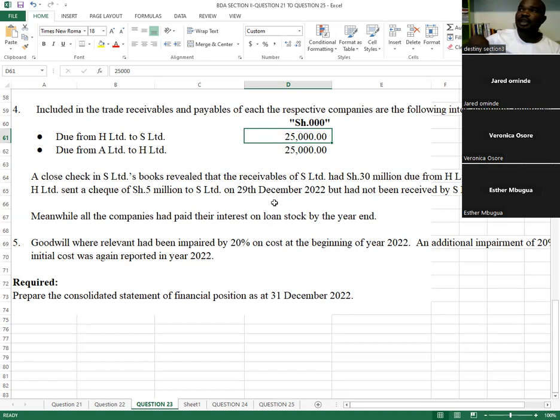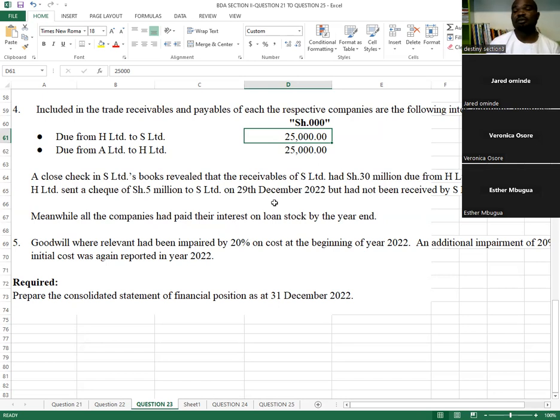When the other party has paid, which has not yet been received, that amount is called cash in transit. So down there you write, cash in transit is added to the cash book balance, and subtracted from trade receivables.